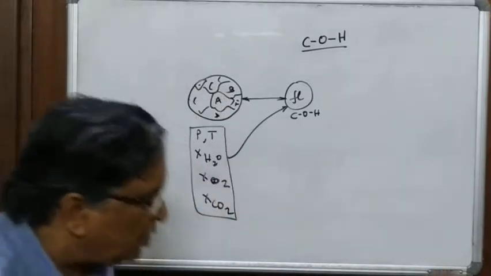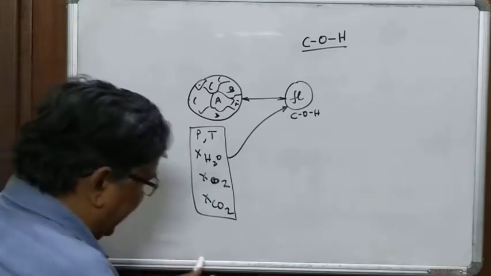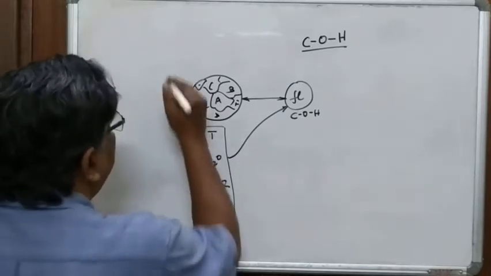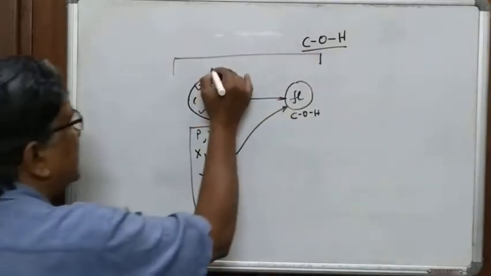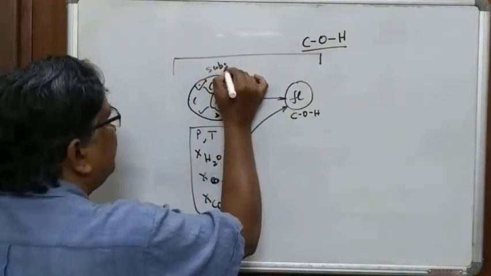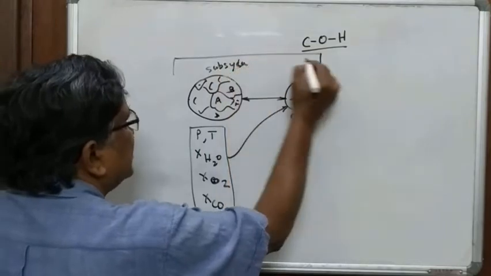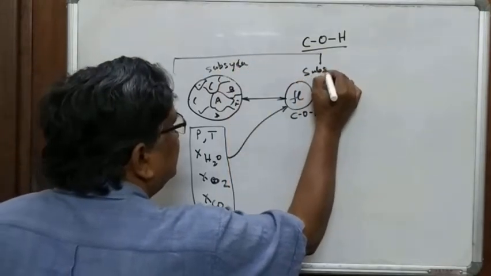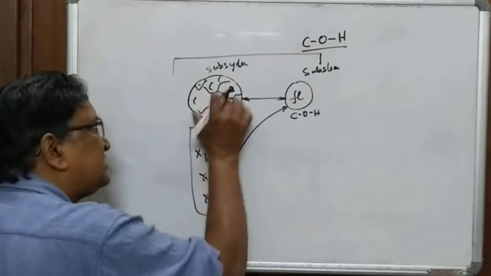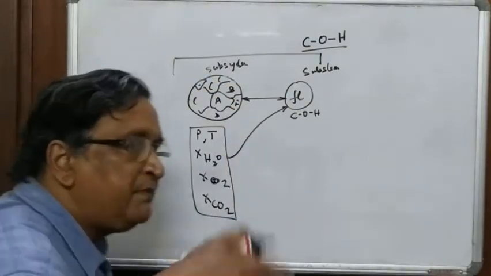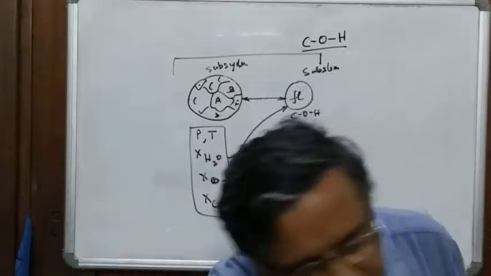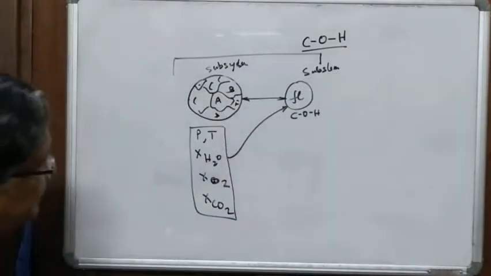So now, what we can do is take this whole system and break it up. This is one subsystem and this is another subsystem. We have taken this system and found certain parameters by using the mineral composition data, etc. We have gone through all this, so I don't have to repeat it.